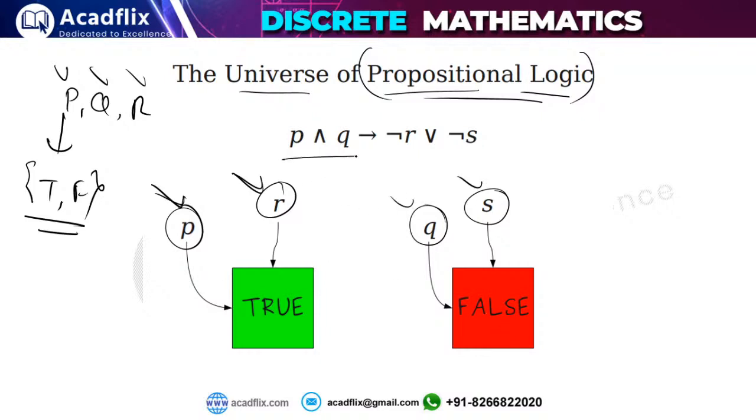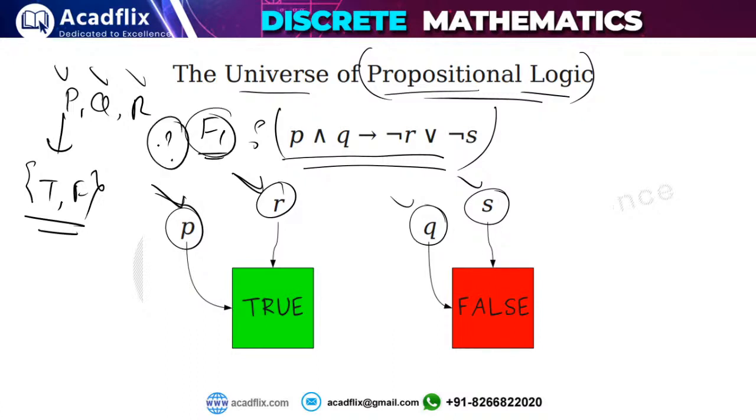For example, let's assume this is the propositional logic formula, let's call it formula F1. In this formula F1, let's assume this situation: P is taking true, R is taking true, Q is taking false, S is taking false. Then what will be the truth value of F1? Quickly try this question.